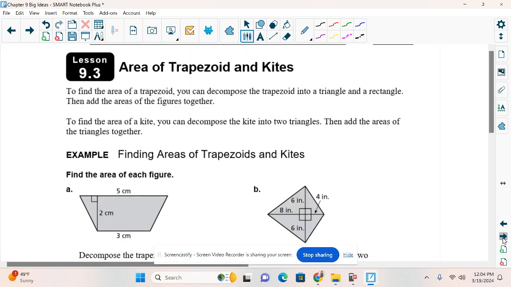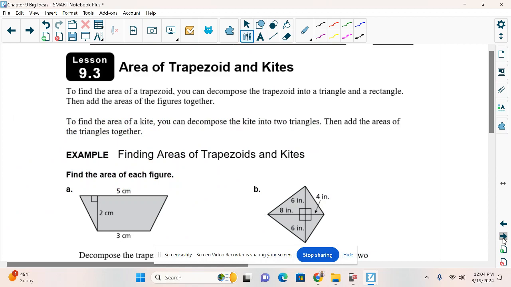Now that we reviewed triangles, we're going to talk about trapezoids and kites. The thing you need to realize though is come milestones, they only give you a formula for a parallelogram and a triangle.